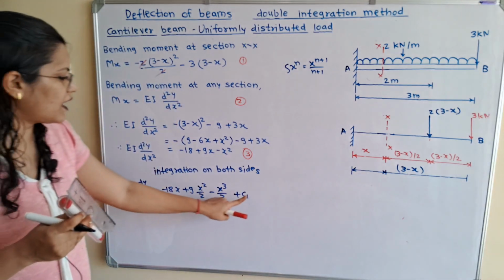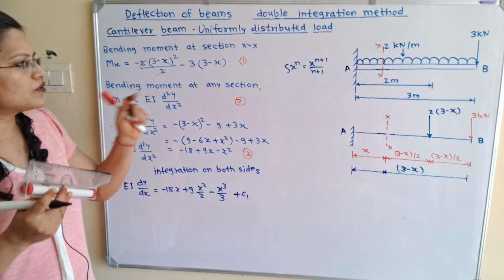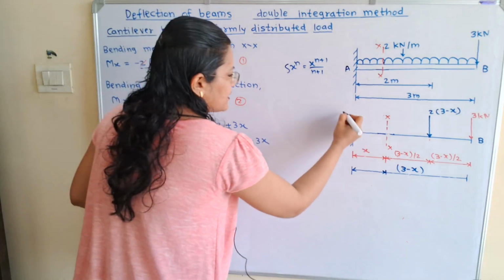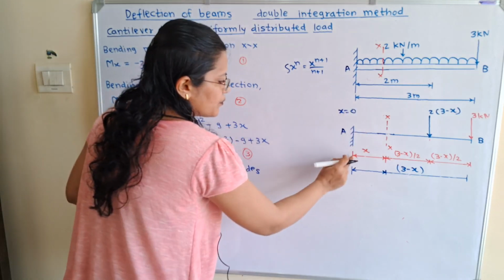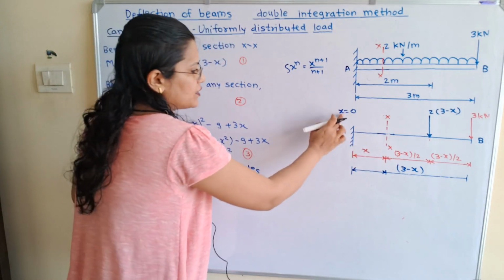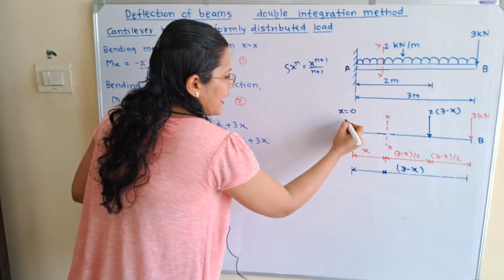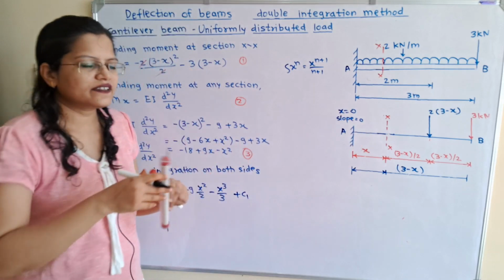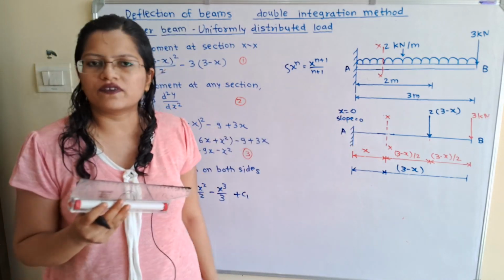Now how to find out the value of c1? If we observe the diagram, at this end A, the value of x is equal to 0 because the distance x will start from this fixed end. So here x is equal to 0 and slope is also equal to 0. At the fixed end, slope is also equal to 0.